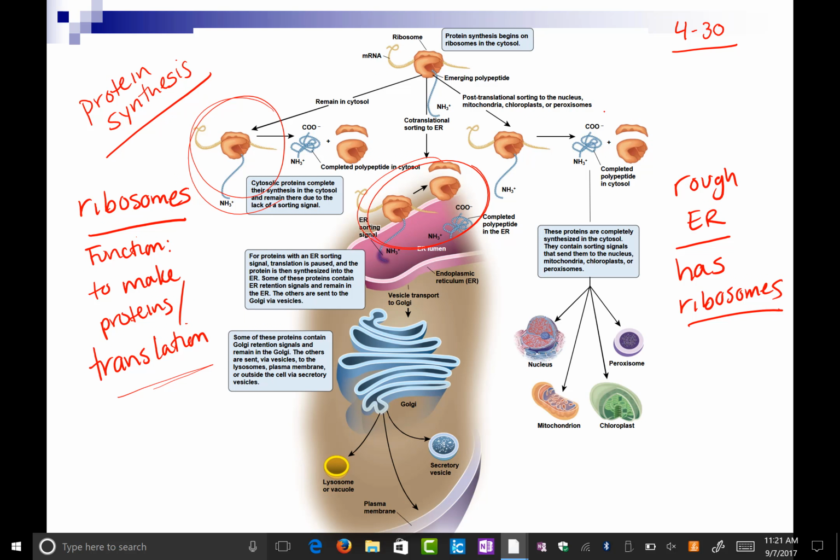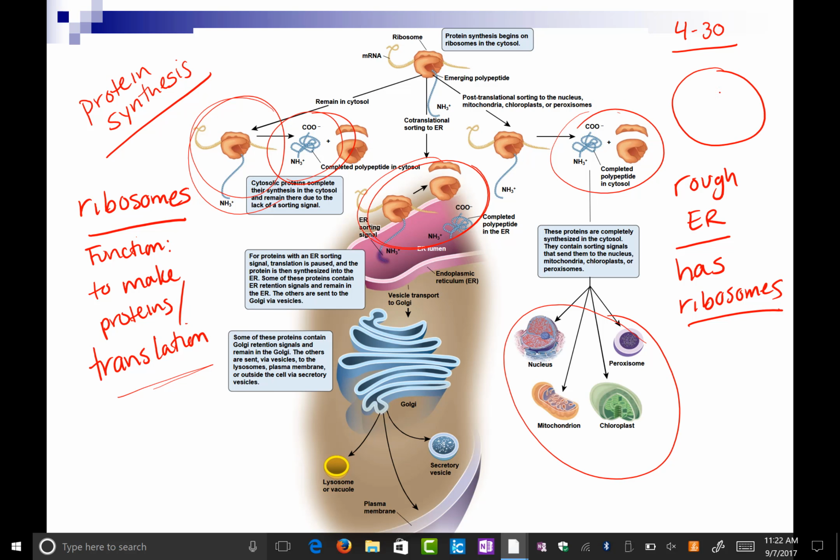So proteins that are destined for the nucleus, mitochondria, chloroplast, peroxisomes, or that function in the cytosol are translated on ribosomes that are free floating around. So if this was my cell, my nucleus, and I had all these dots, these would be the ribosomes. There's also the rough ER, which is this series of membranes that have ribosomes on them.